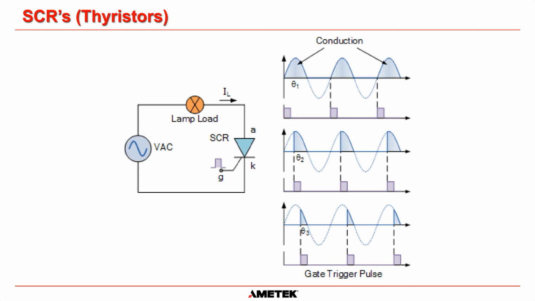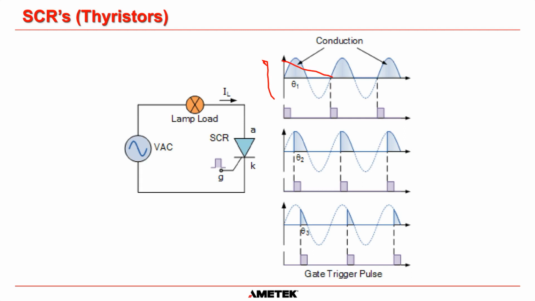What the graph is actually showing you is, for example on the top graph, we are sending a gate signal right at the start of the AC sine wave. You can see that dotted line going up here, and it's getting turned on right at the start of the sine wave. Then obviously we have our zero crossing point, which will switch off the SCR at that point.